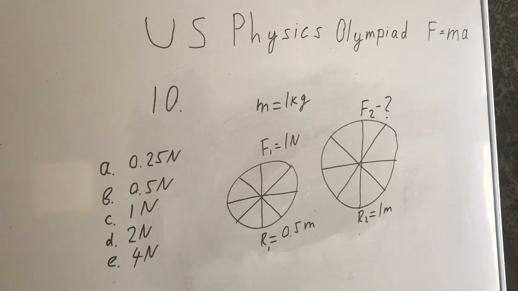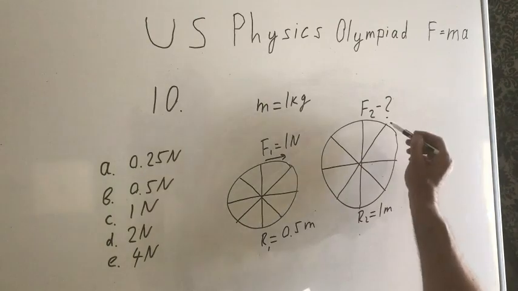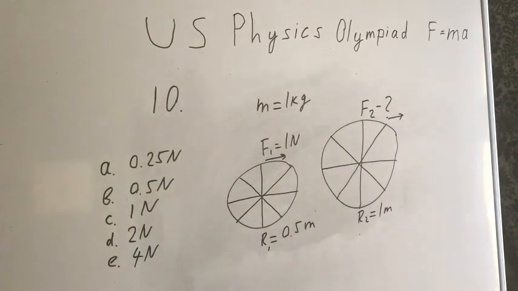Problem number 10. Two wheels with fixed hubs, each having a mass of 1 kilogram, start from rest, and the forces are applied as shown. F1 this way, F2 this way.